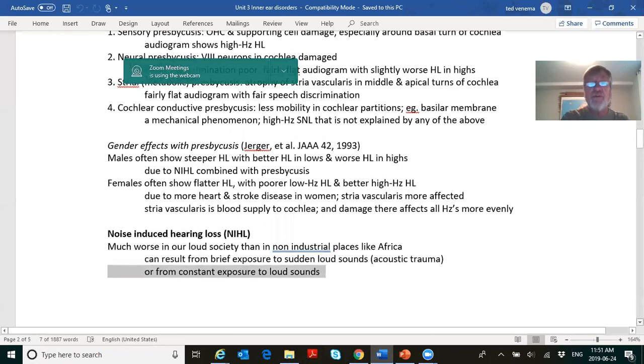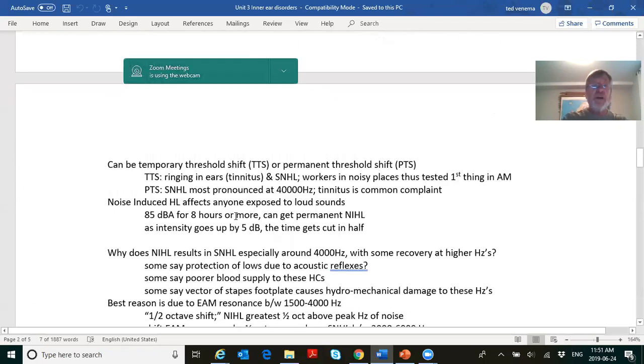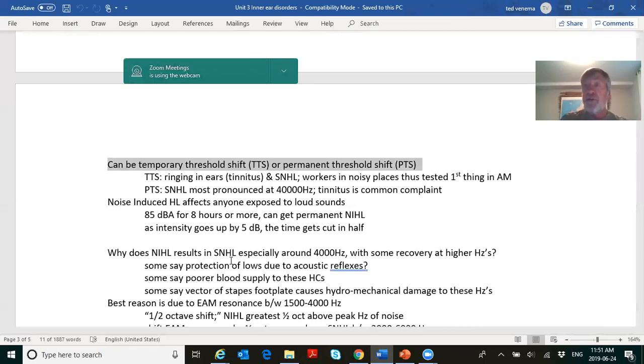Read our notes down further. Get to page 3. You can have either temporary threshold shift or permanent threshold shift. Temporary threshold shift, after you've been to a loud bar or a concert, your ears are ringing. Tinnitus. The hairs are blown down of your hair cells.